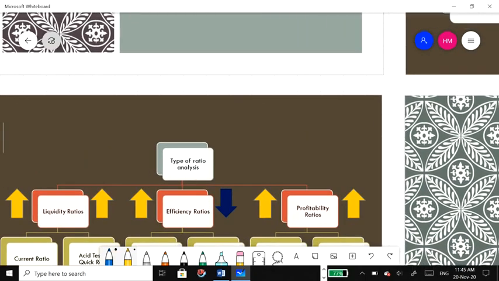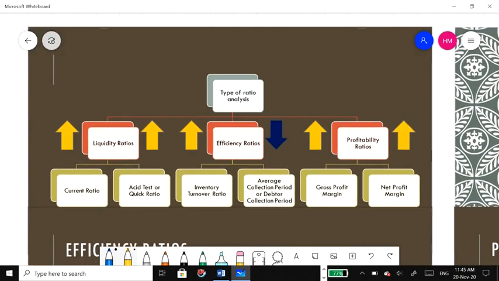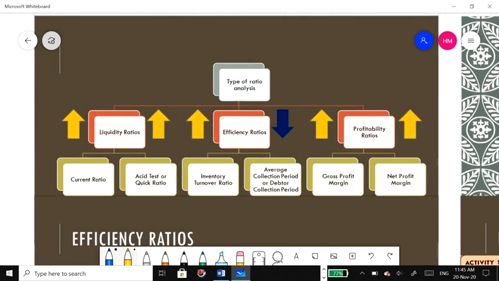So, untuk buat financial statement analysis ni, kita akan menggunakan ratio analysis. Okay, so dalam ratio analysis ni consists of three types of ratio that are liquidity ratios, efficiency ratios, and profitability ratios. So, dalam liquidity ratios ni, kita akan kira dua lagi anak dia, iaitu current ratio dan juga acid test or quick ratio. Untuk efficiency pula, kita akan kira inventory turnover ratio dan juga average collection period or debtor collection period.